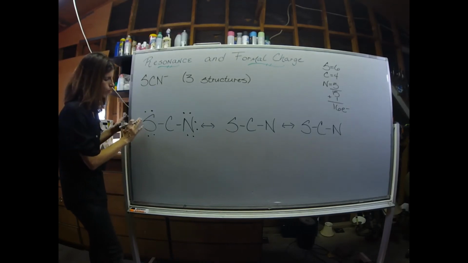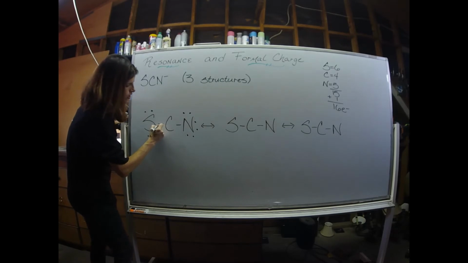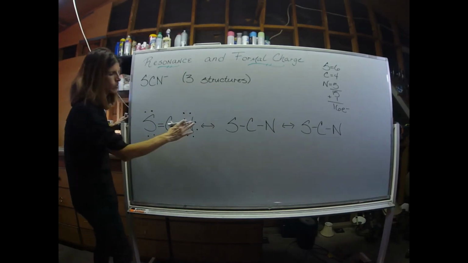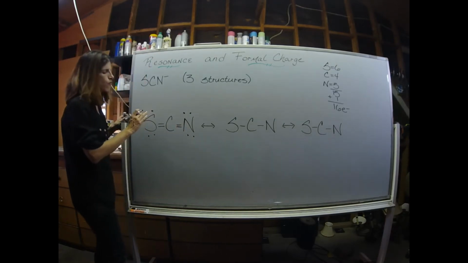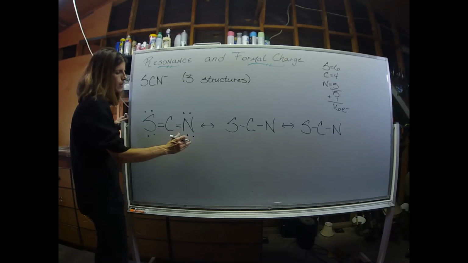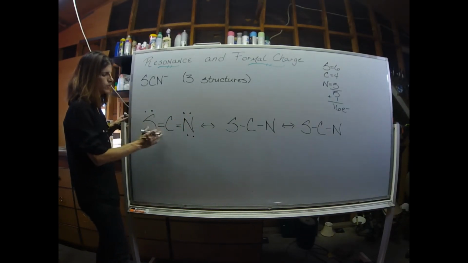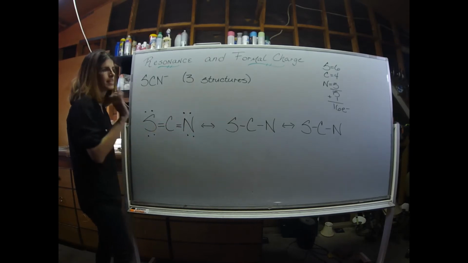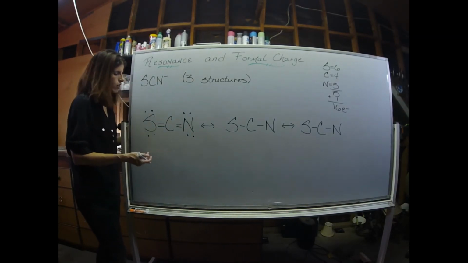So what I'm going to do is erase one of these electron pairs and change it into a double bond. And let me do the same thing on this side. So now sulfur has 2 lone pairs and a double bond. Nitrogen the same, 2 lone pairs and a double bond. 2, 4, 6, 8, 10, 12, 14, 16. So this structure with the double bonds uses 16 electrons.